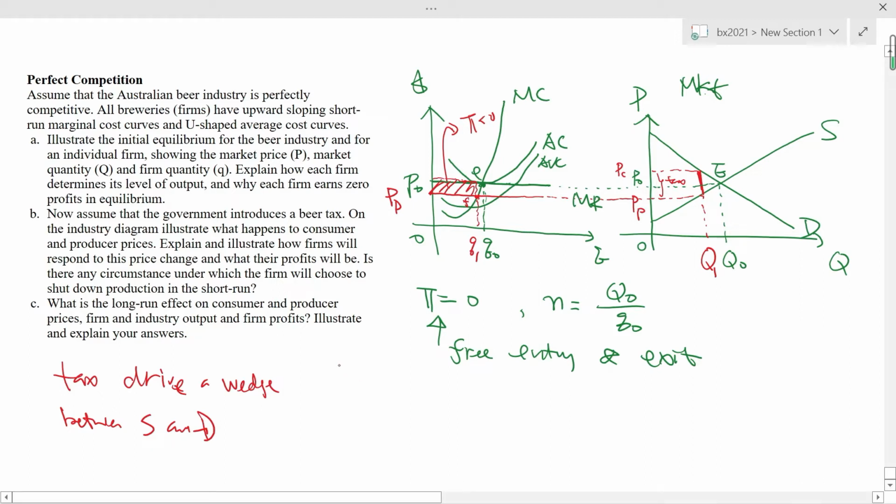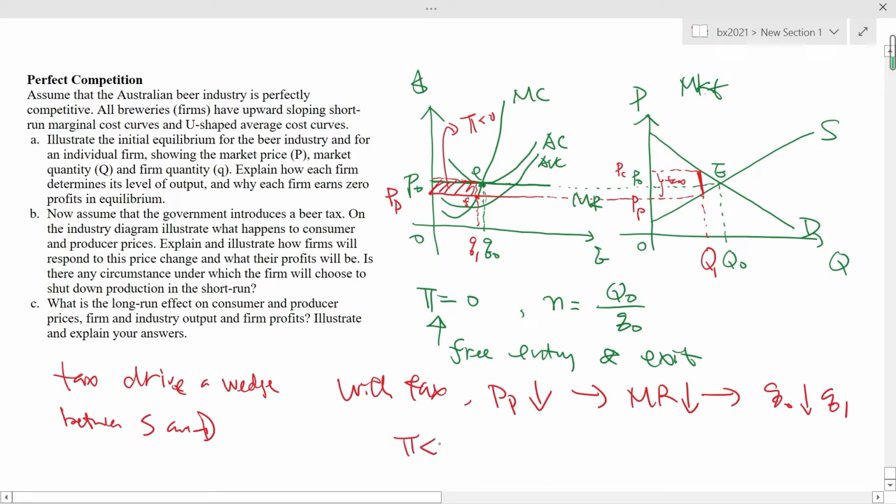So with the tax, the producer price drops. Before the tax, the producer price is the same as the consumer price, which is equal to P0. So marginal revenue drops for firms. Output drops from q0 to q1, and the profit is negative.